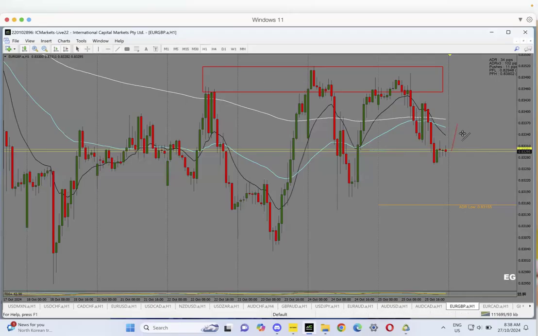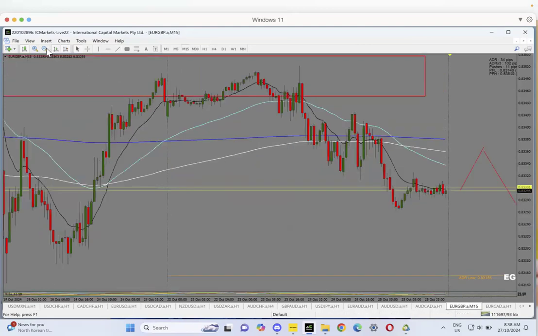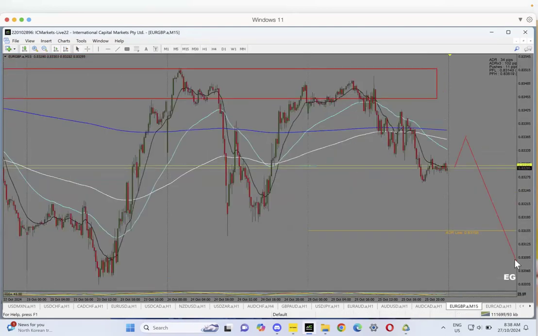And if it does that, then this is a safety trade because your 1350 have already crossed off. So let's go to the 15 minutes time frame. So that is the kind of trade you are anticipating.